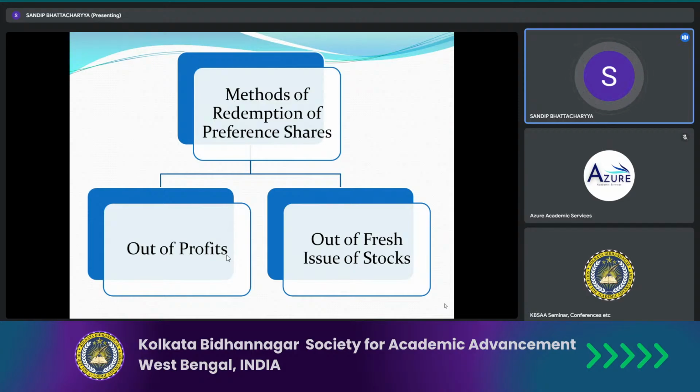But if I have to go for a fresh issue, that means the company doesn't have a sufficient amount of reserves or profit, so redemption is out of the fresh issue of stock. So these are the two main methods of redemption of preference shares. I hope up to this it is clear to all of you.